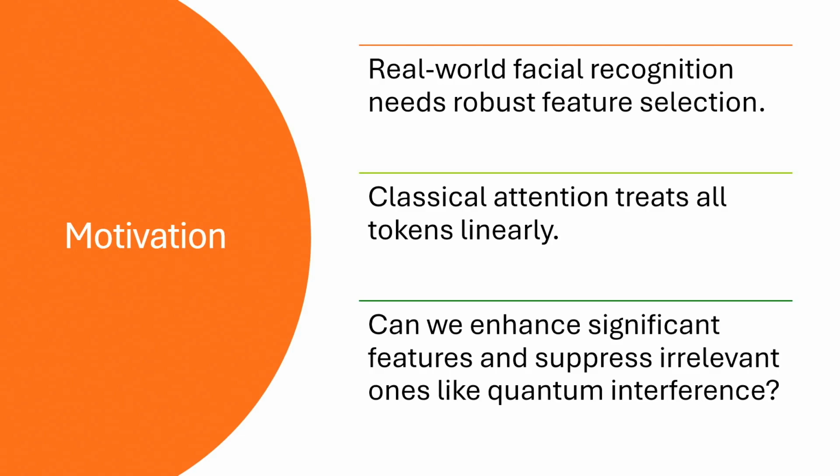Real world facial recognition models, especially the academic ones, are very heavy. The lightest one that I remember is about 20, 30 million parameters. And the idea is that it looks at everything. So what we want to talk about here is, can we teach our model to only look at the significant features and suppress irrelevant ones using quantum interference?